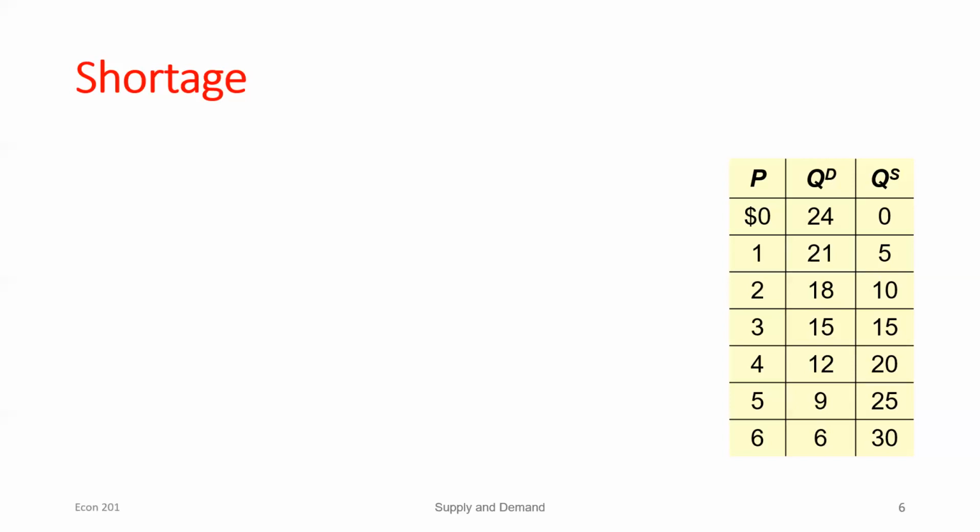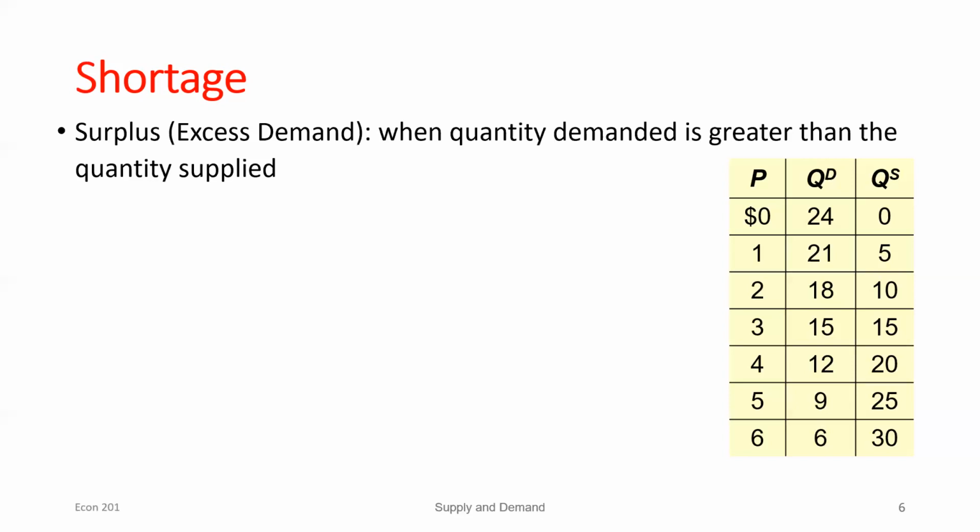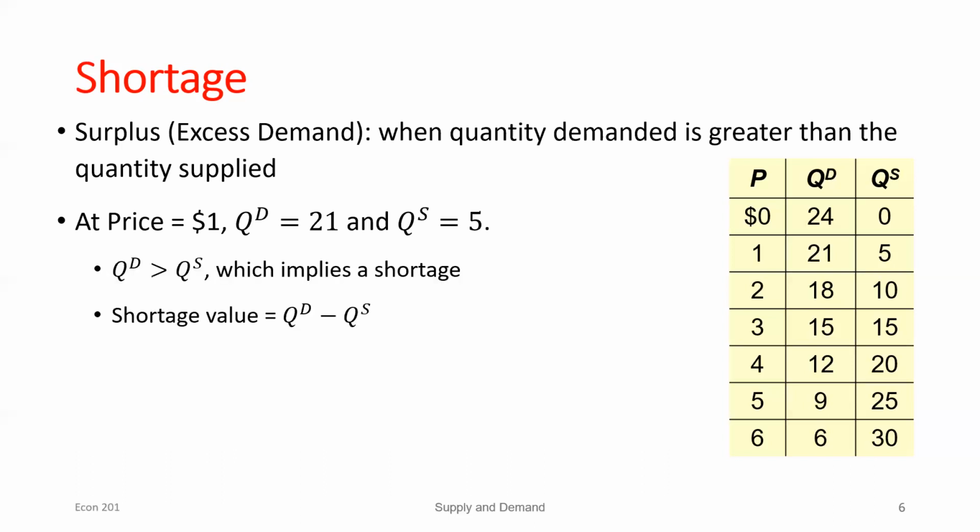Well, now my quantity demanded is much higher than my supply. So I would say there we've got a shortage. People want more than what exists, right? What's the value of that shortage? Well, we would just look at whatever the price was, take the quantity demanded and the quantity supplied, and just take the difference between them. So here we would have a shortage of 21 minus 5, or 16 units.